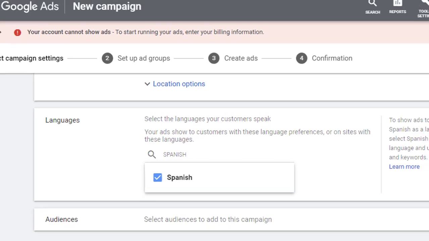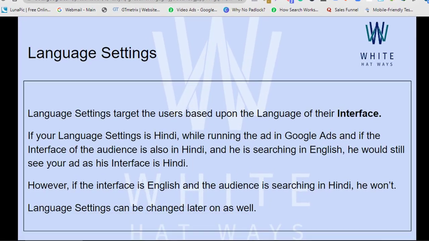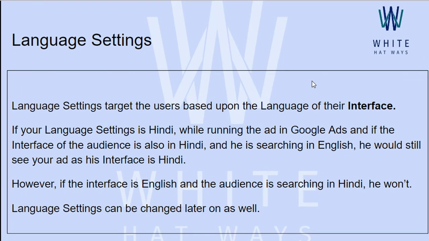Moving on to the slide now. The slide says if your language setting is Hindi while running the ad in Google Ads, and the interface of the audience is also in Hindi and he's searching in English, he would still see your ad. Why? Because the language settings target the users based upon the language of their interface.